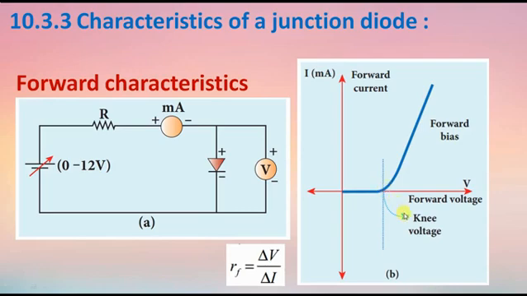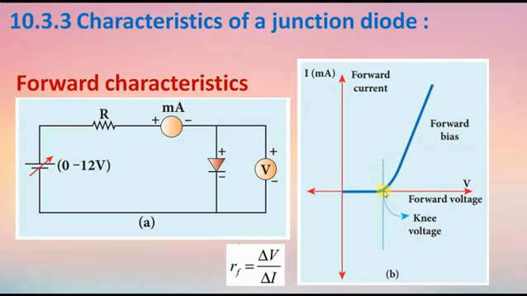This voltage is called the knee voltage, cut-in voltage or threshold voltage. It is approximately 0.3 volt for germanium and 0.7 volt for silicon. The current flow is negligible when the applied voltage is less than the threshold voltage. After the threshold voltage, if we increase the applied voltage by a small amount, the forward current also increases.